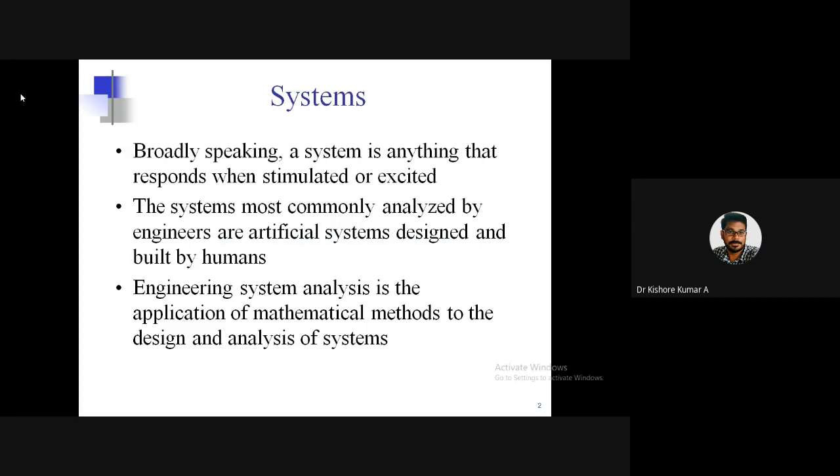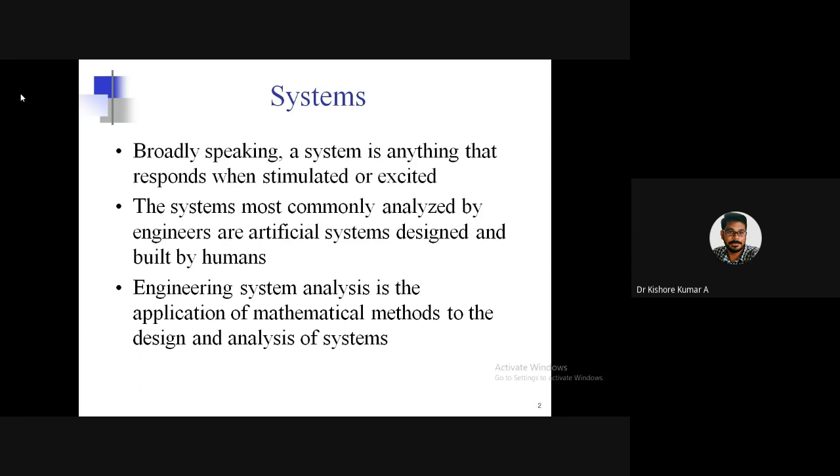Whenever we speak of a particular system, it responds when stimulated or excited. Whatever the system or circuit may be, it has to be stimulated or excited. That is, it has to be subjected to some sort of input, and based on that you will get some response.